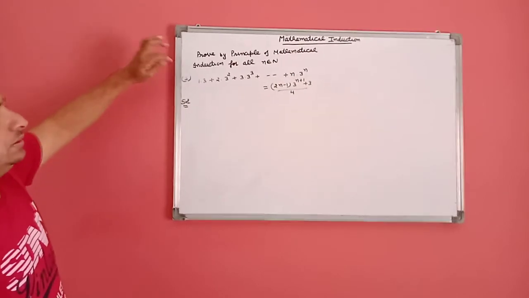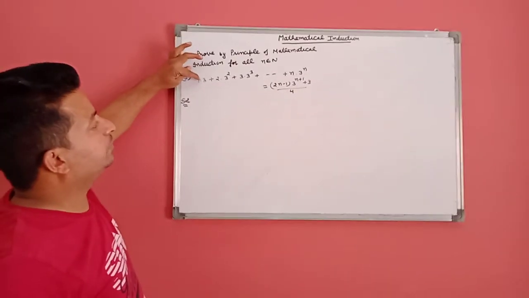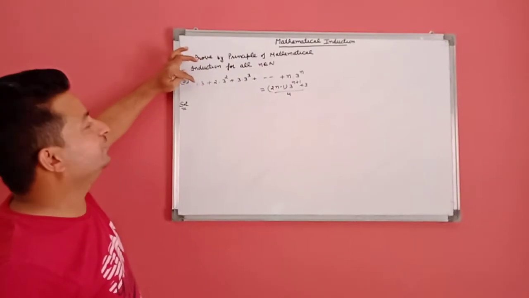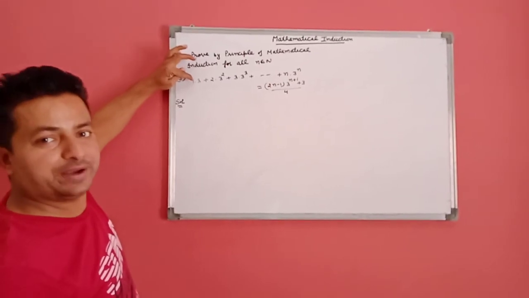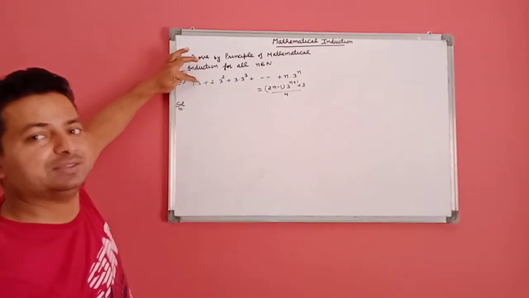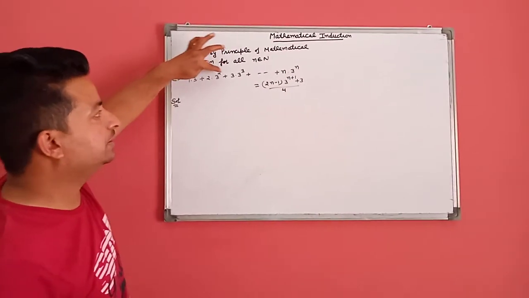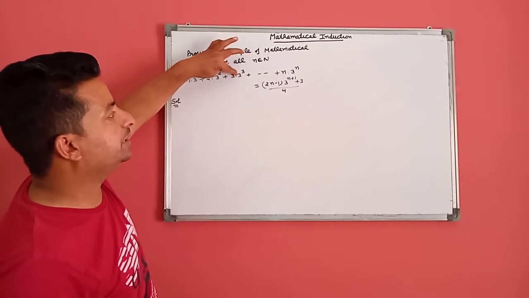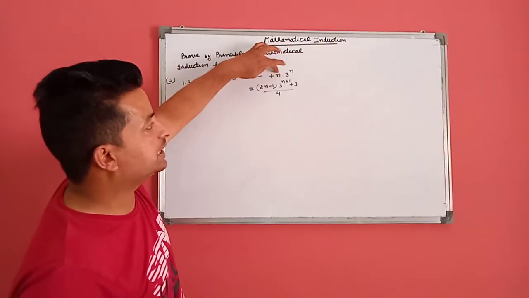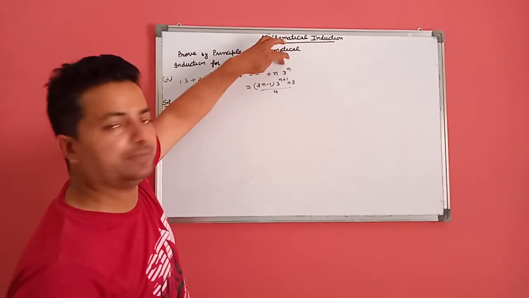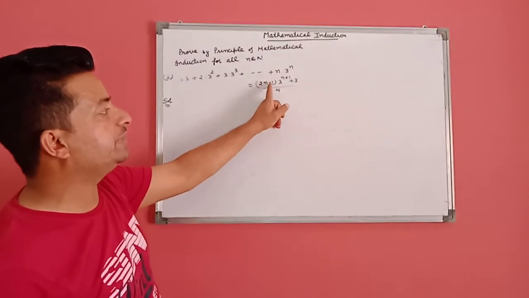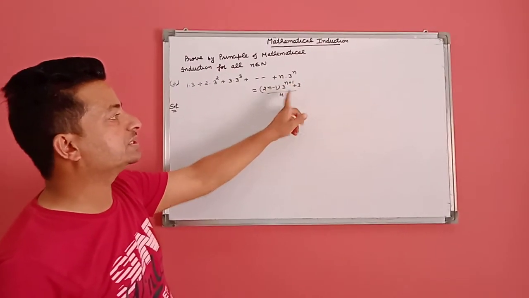In the third question, the statement is 1.3. We read it as point. It's not point. It's 1 multiplied by 3 plus 2 multiplied by 3 square plus 3 multiplied by 3 cube plus up to n multiplied by 3 power n equals 2n minus 1, 3 power n plus 1, plus 3 by 4.